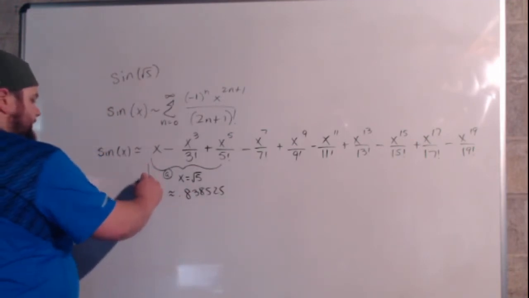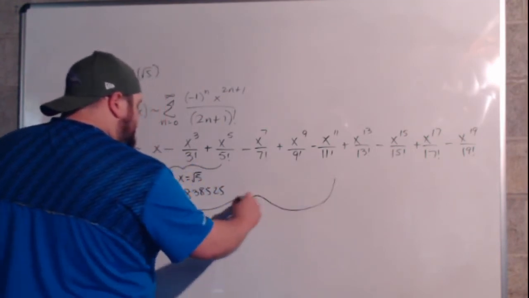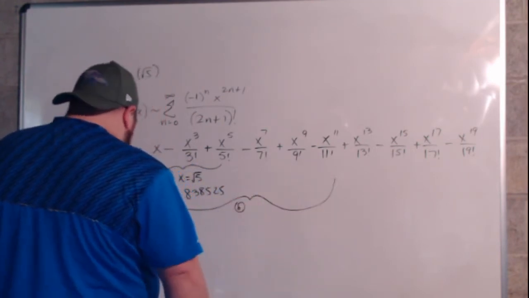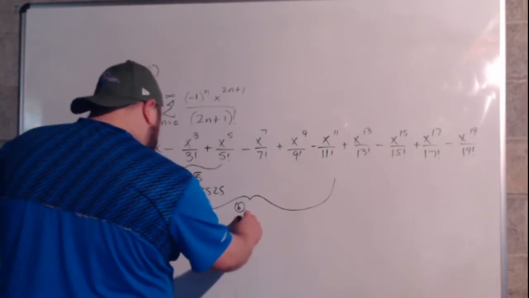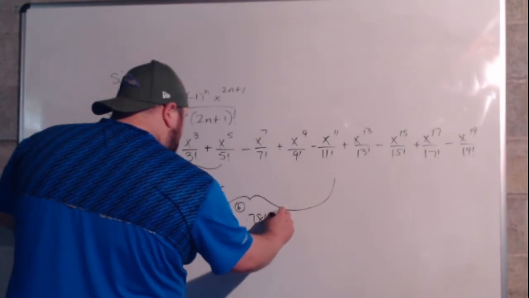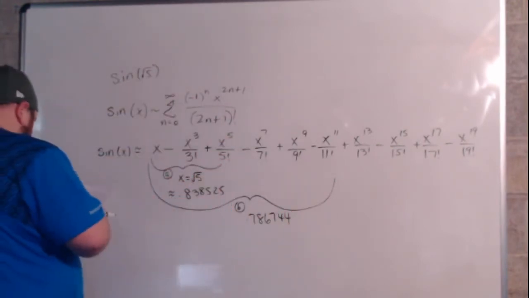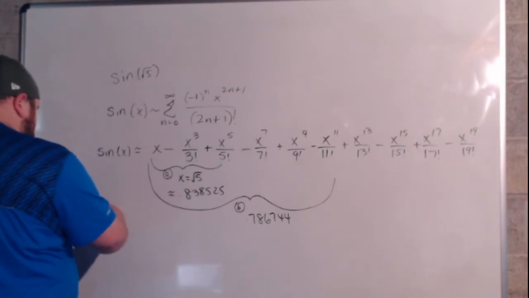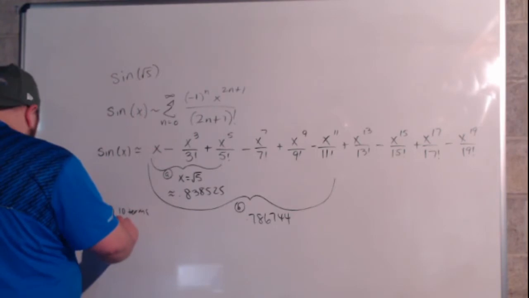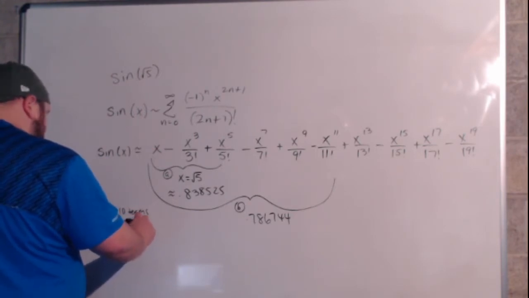If you use the first 6, which is part B, then you get 0.786744. And if you do all 10, so part C is 10 terms, then you get 0.786749.